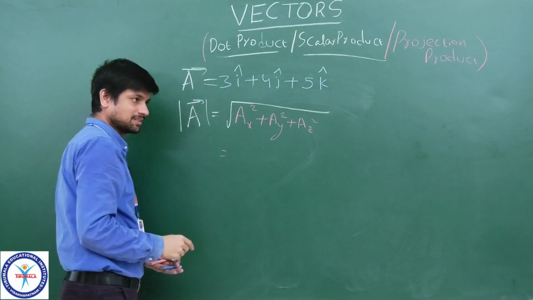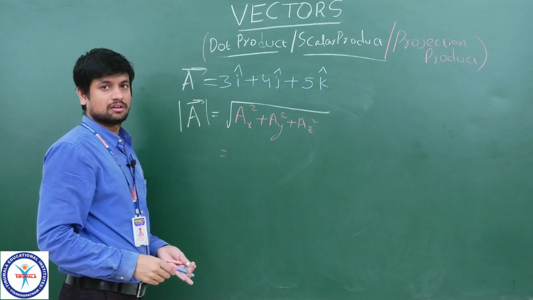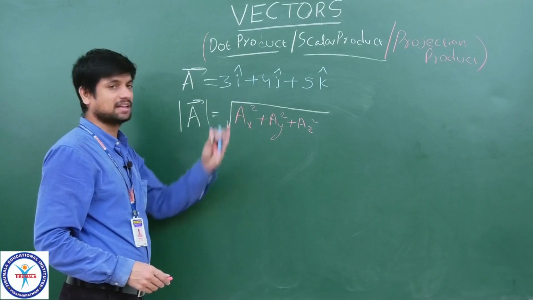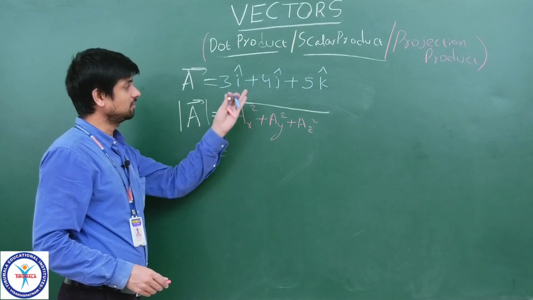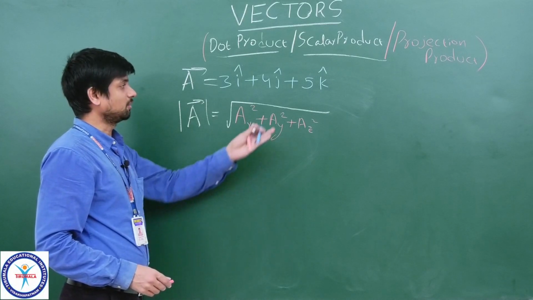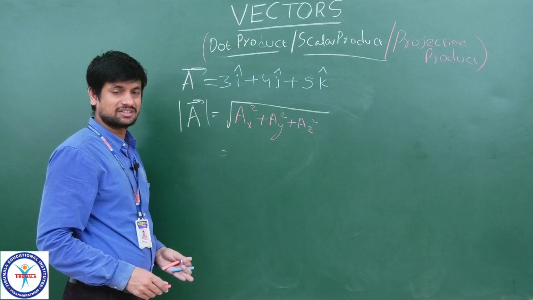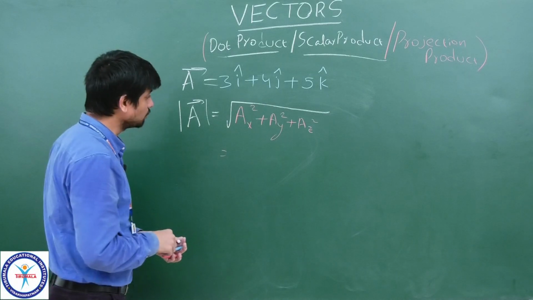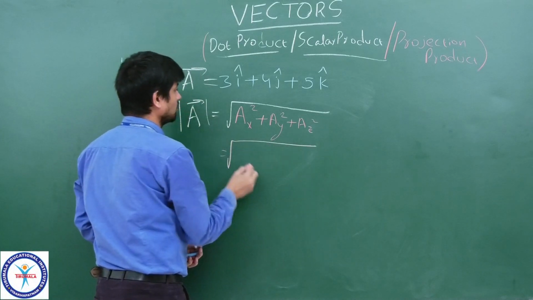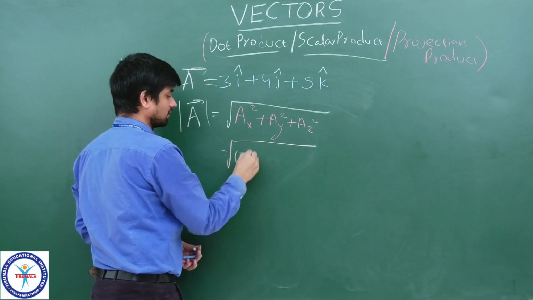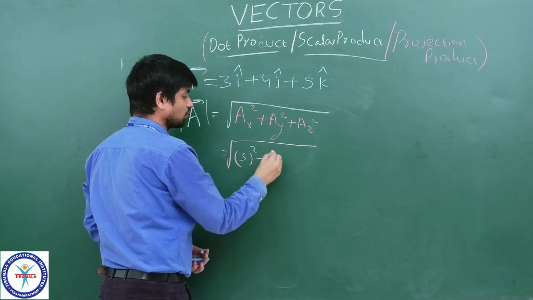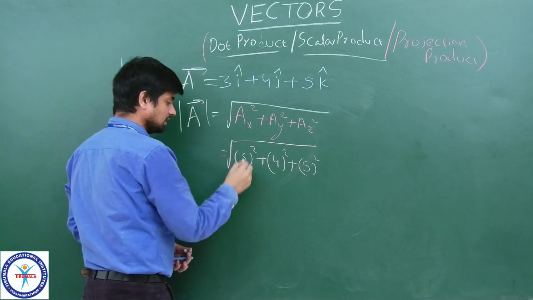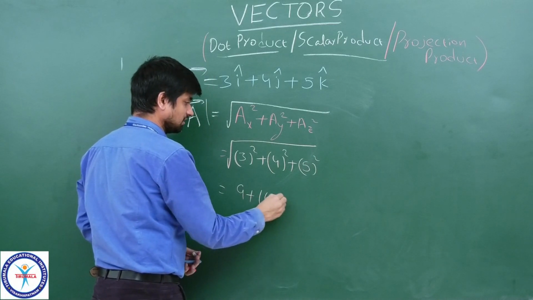Ax represents the coefficient of the x-axis unit vector, Ay represents the coefficient of the y-axis, the scalar component, and Az represents the coefficient of the z-axis unit vector. So if you write those values, what do you get, children? 3 square, 4 square, 5 square. So solve. 9, 16, 25.